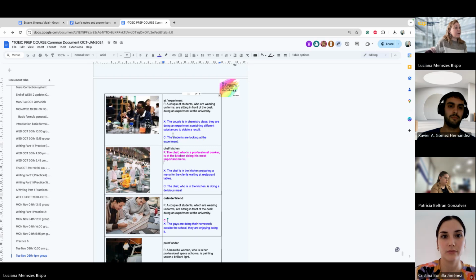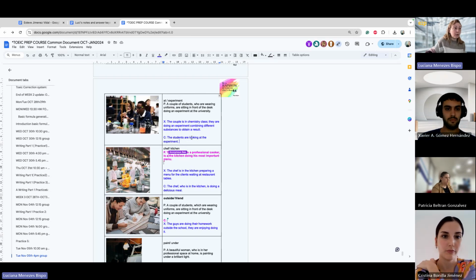Okay. So in here, this sentence is correct. There is nothing wrong. The only thing is that the sentence is too short. If you cannot come up with something else, what you can do is use adjectives and adverbs to decorate your sentence.